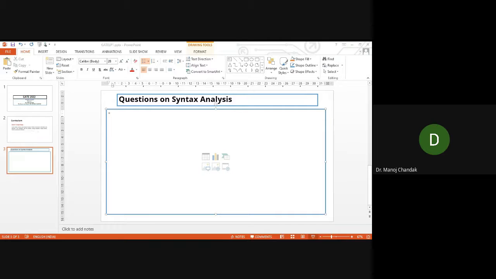If you want to prove any grammar as LL1, there is a simple technique which you should use. Let me just share the writing board with you.